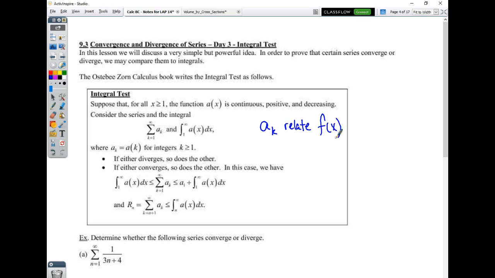Where a of k and f of x, as long as x is a positive number, so x would be 1, 2, 3, 4, 5, and k is 1, 2, 3, 4, 5. If that x and k line up with each other, I want those to be equivalent values.